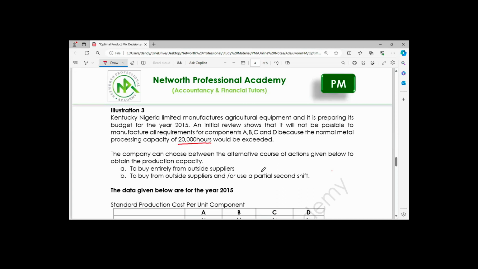Now, pay attention, please. When you have a limiting factor involving a make or buy decision, our procedures, earlier stated, will be slightly different. The first thing you need to do is to ascertain the components or products that will be manufactured internally, then identify those that will be contracted to an outside supplier.